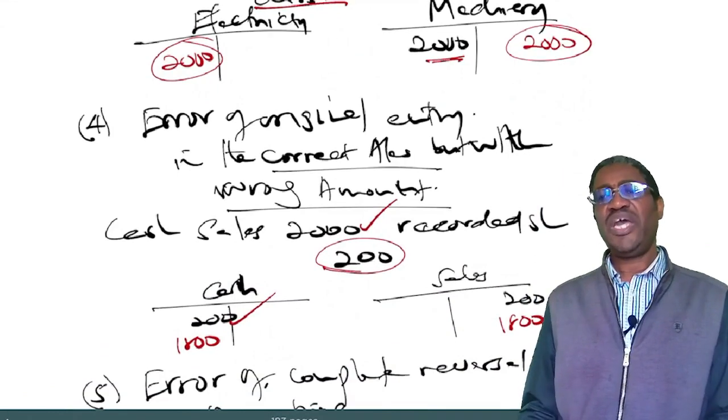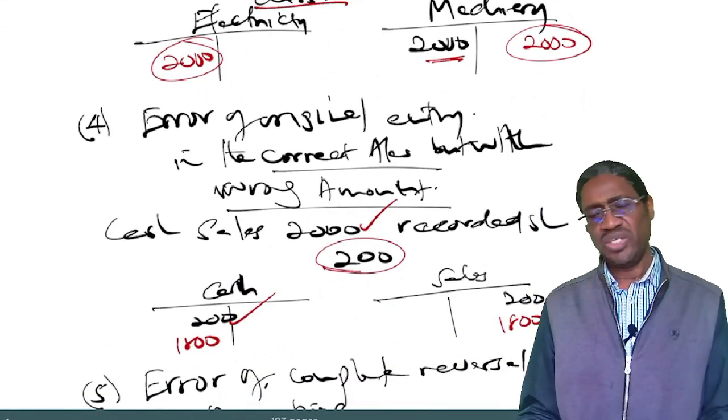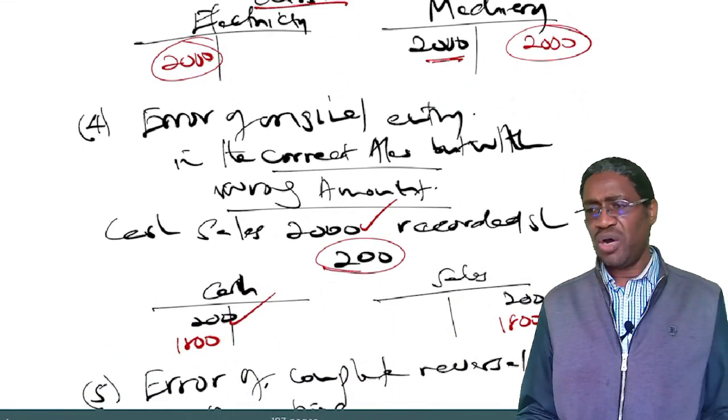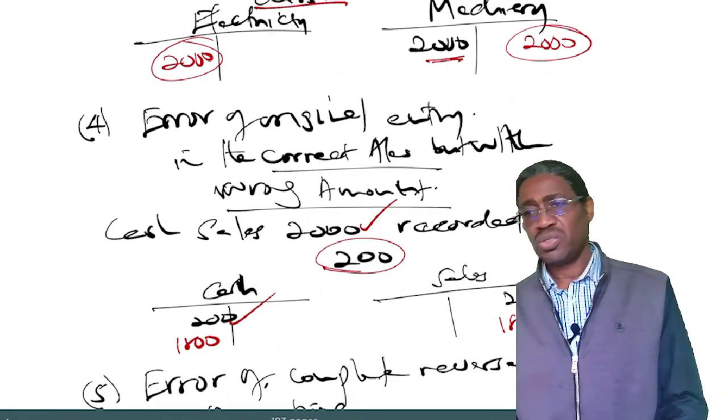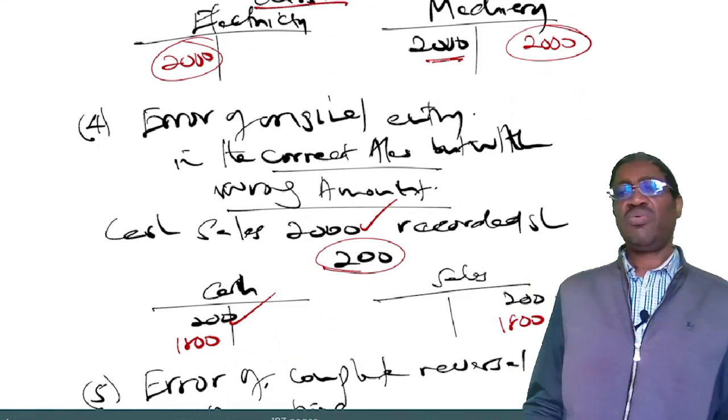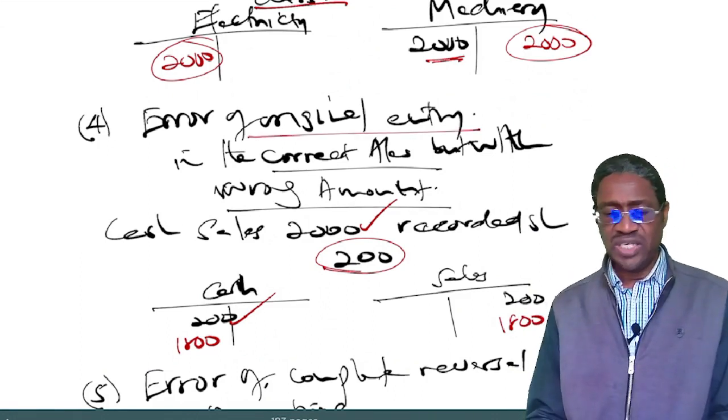Number 4, error of original entry. Let's put down the note. What is an error of original entry?